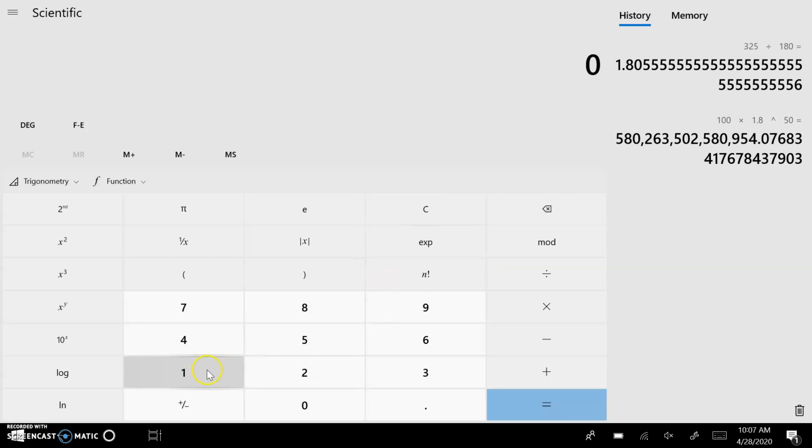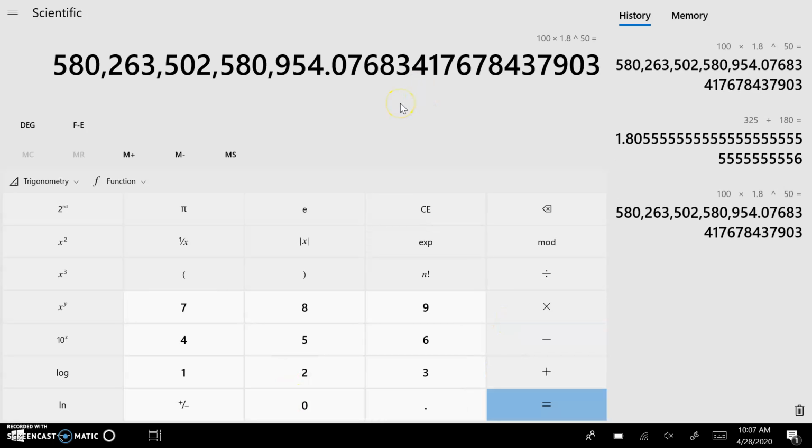So we're taking 100 times 1.8, and then using this x to the power of y button to get an exponent of your choice that's not a squared or a cubed. I'm going to put in 50, and you get this humongous number. Now, don't worry about writing out every single digit. On this one, we could just write 580, and then it looks like 4 sets of 3 digits.